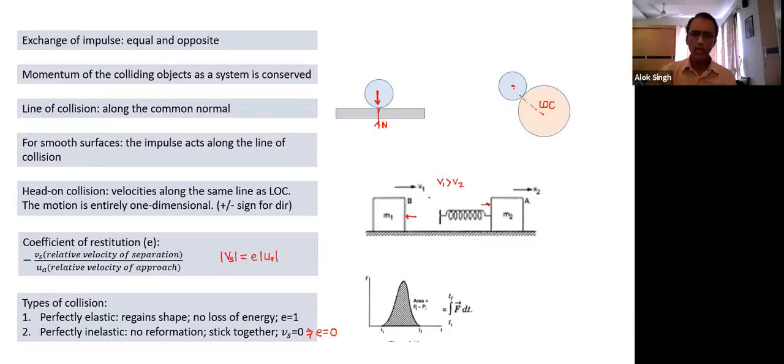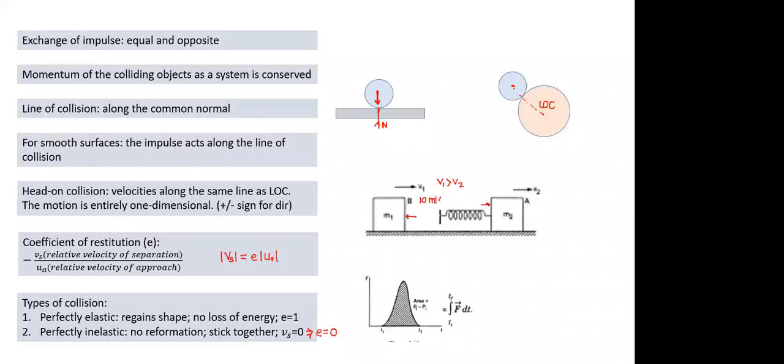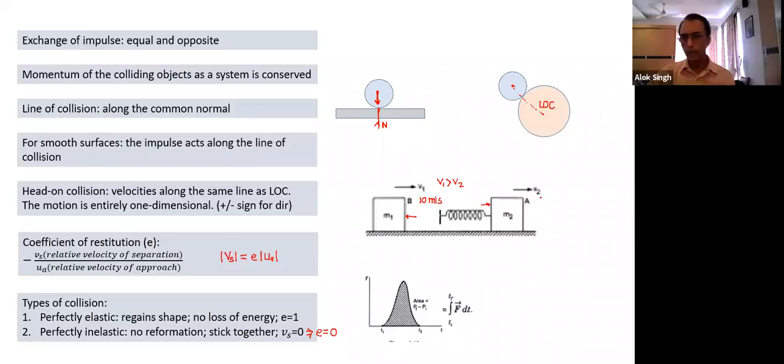Just for the sake of understanding, suppose v1 equals 10 meters per second and v2 equals 5 meters per second. This is a good way to understand what happens in a collision. As soon as they get in touch, v1 starts decreasing and v2 starts increasing, but still v1 is greater than v2.